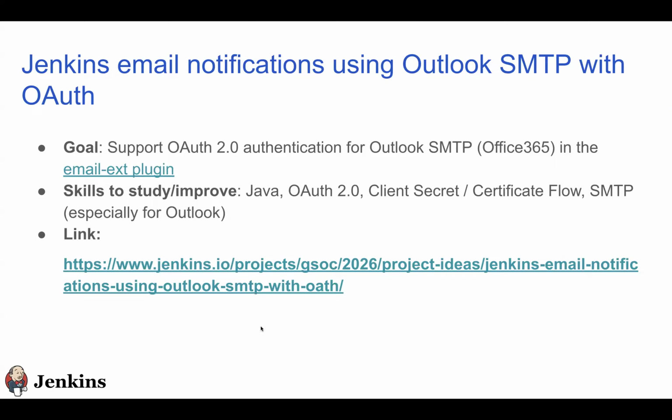Any other question for that? Okay. Can the scope of this project be widened to include Gmail or Office? Well, I think it's definitely possible, because they have differences for Gmail and also for Outlook.